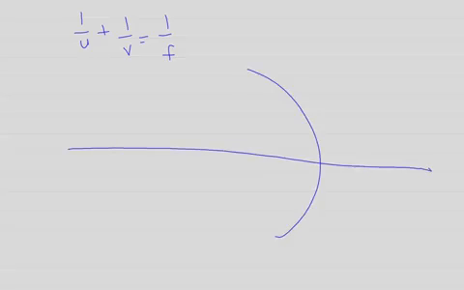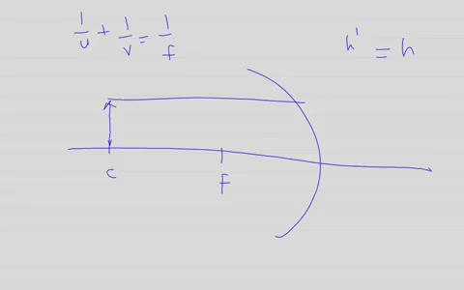We have F here and C here. For the image size H prime to be equal to H, the object must be placed at C, and then the object height H will be equal to the image height H prime.